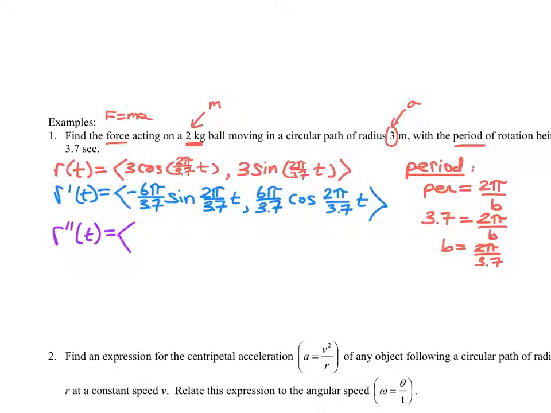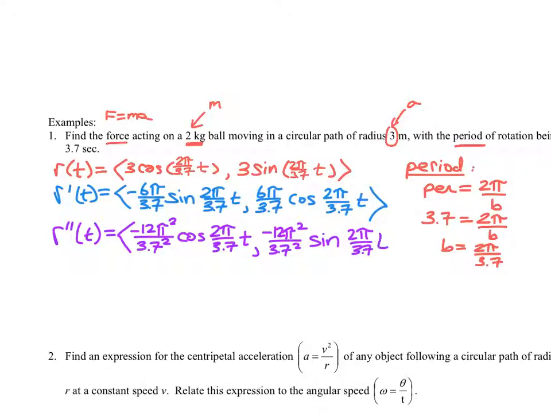So we're looking at negative 12 pi squared over 3.7 squared cosine 2 pi over 3.7t. And then all the same thing again, just with a sign. Negative 12 pi squared over 3.7 squared sine 2 pi over 3.7 t.